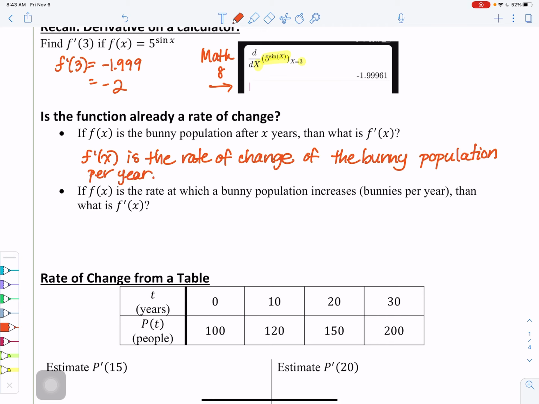Okay? But what if f of x is the rate at which the bunny population increases? So f of x is already a rate. F of x is bunnies per year. Then what is f prime of x?